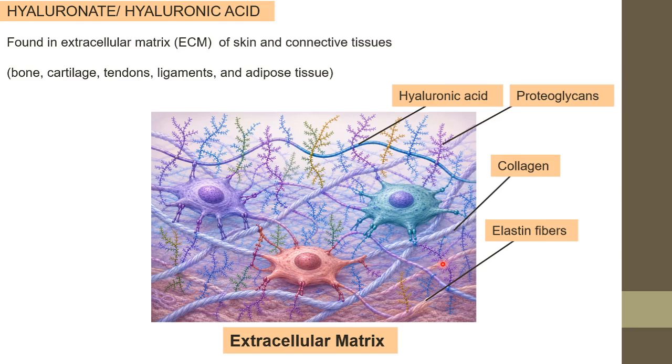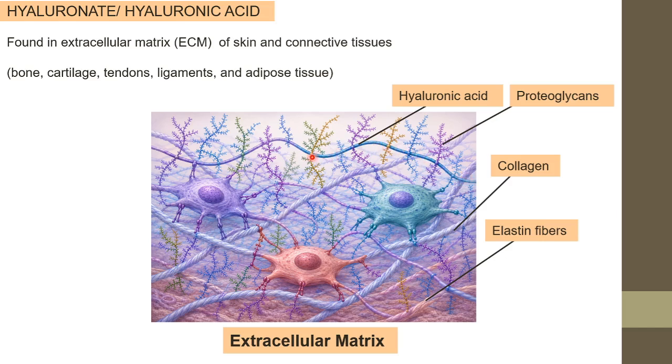The collagen is not just hanging around. The spaces between the cells and the collagen and elastin fibers are filled by hyaluronic acid, because it forms a gel-like structure. Since it holds these cells and collagen and elastin fibers, it is called ground substance. So this is the long rope-like structure, hyaluronic acid.